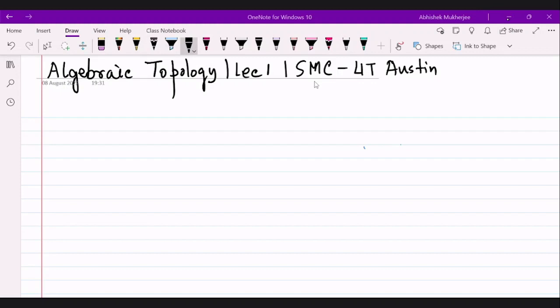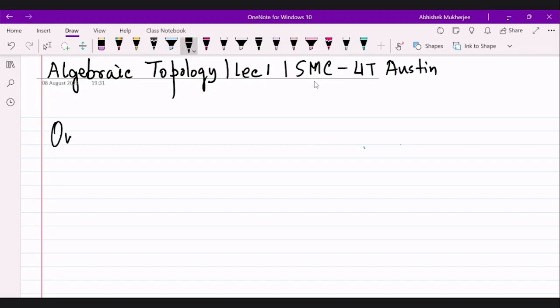Okay, so let me start. First of all, I would like to give some examples. What is the motivation behind defining fundamental groups? Whenever we are looking at topological spaces, we are going to distinguish two topological spaces by means of the properties that they enjoy.